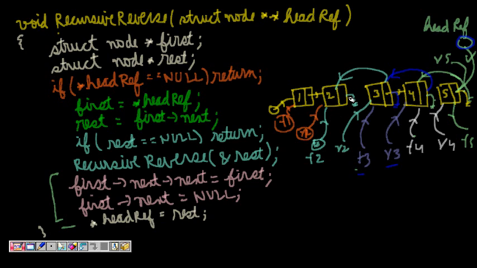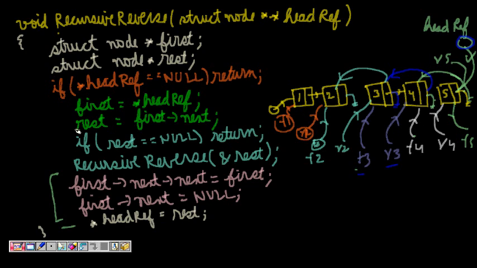So this way this is becoming null, and we have now what? Head reference is equal to rest. So head reference again it becomes, because this list is now the opposite way, so rest is now at this point.